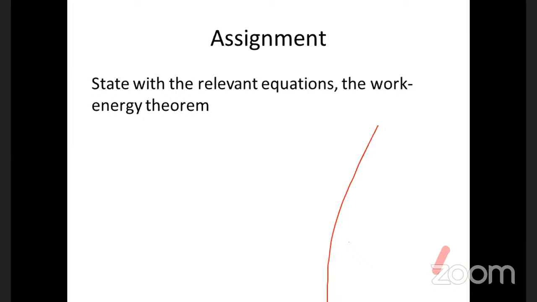We just said that when some work is done, the work is converted to energy. So what are the relevant equations? I want you to do the relevant research, and shortly after, you should be able to come up with the relevant equations and the work energy theorem.